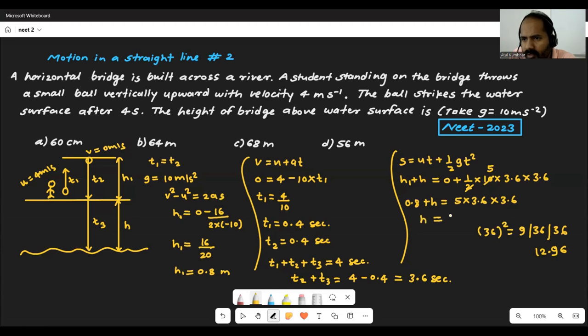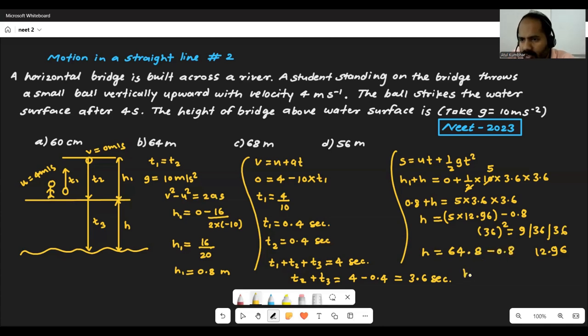So h will be 5 into 12.96 minus 0.8. Let's multiply by 5: 5 6s are 30, then 5 9s are 45 plus 3 is 48, then 4, then 5 2s are 10 plus 4, and 1, 5 1s are 5, and 1, 6, and the 2 zeros, so it will be 64.80, or 64.8, minus 0.8.